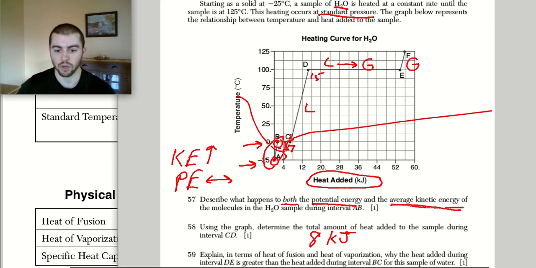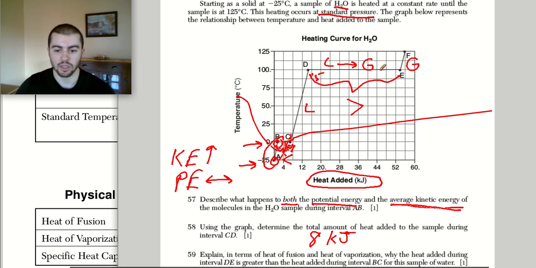And the last question, 59, says explain why the heat added during DE is greater than the heat added during section BC. So why is this greater than this amount of heat added?